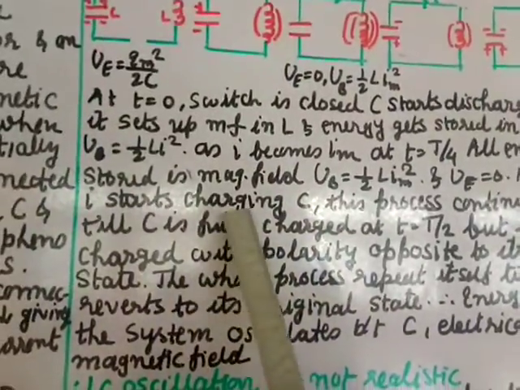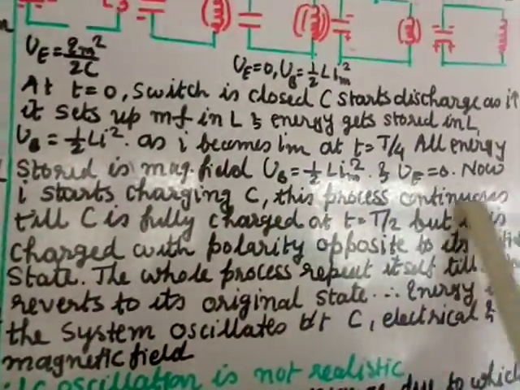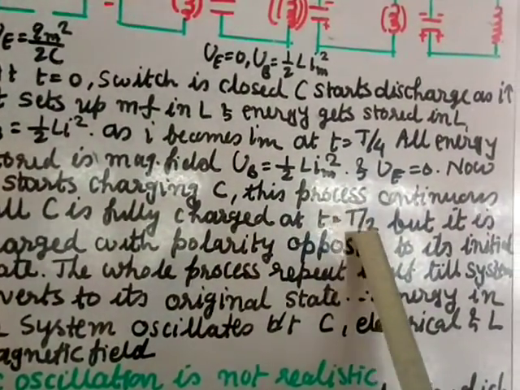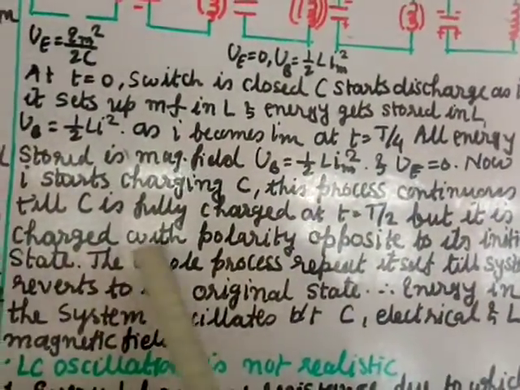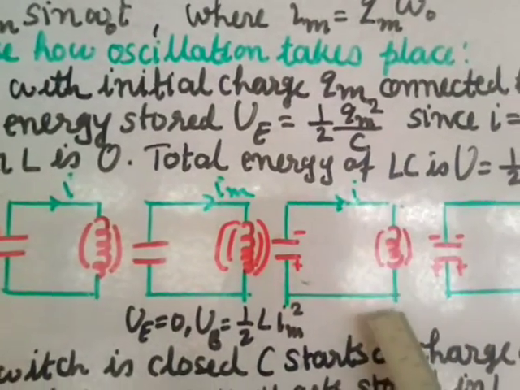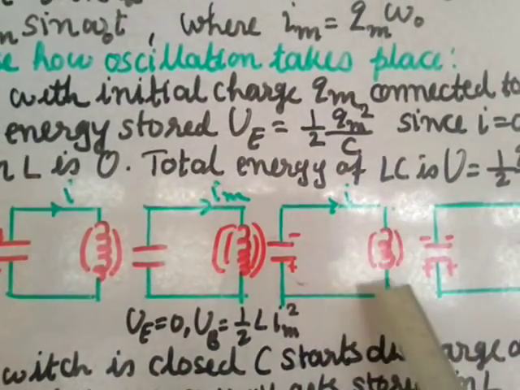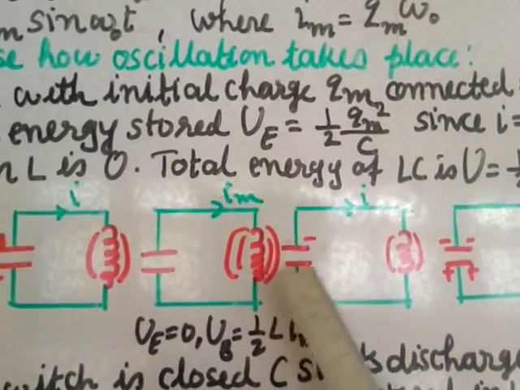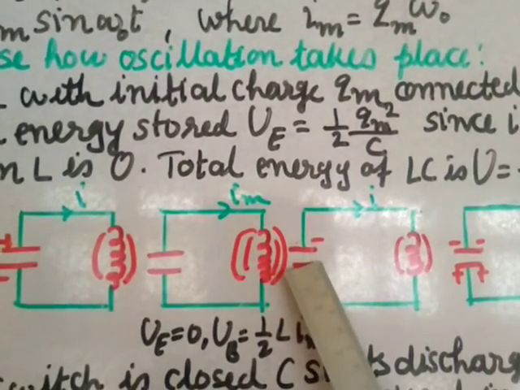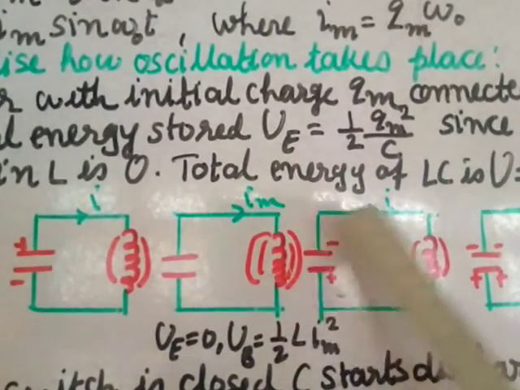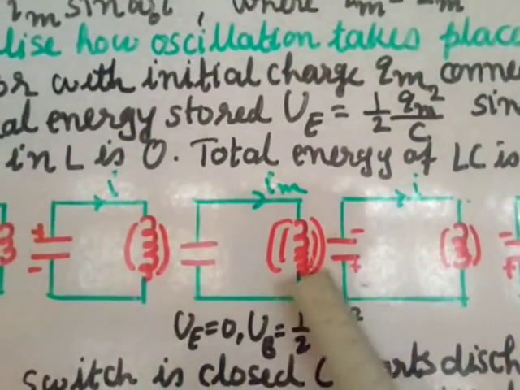Now I starts charging C. This process continues till C is fully charged at t is equal to T/2, but it is charged with polarity opposite to its initial state. Here the current is flowing in the same direction and the capacitor gets charged, but with the opposite polarity.